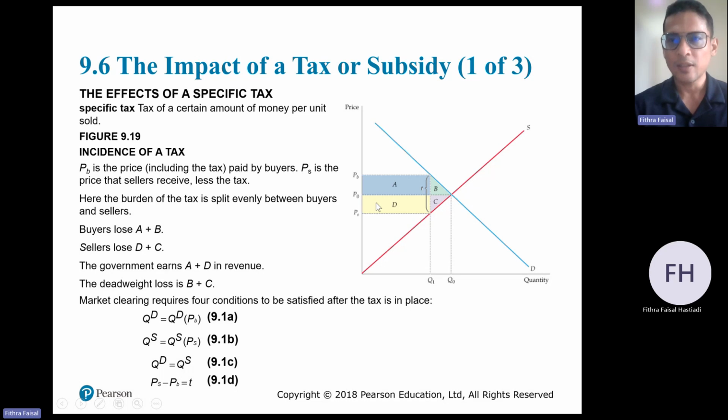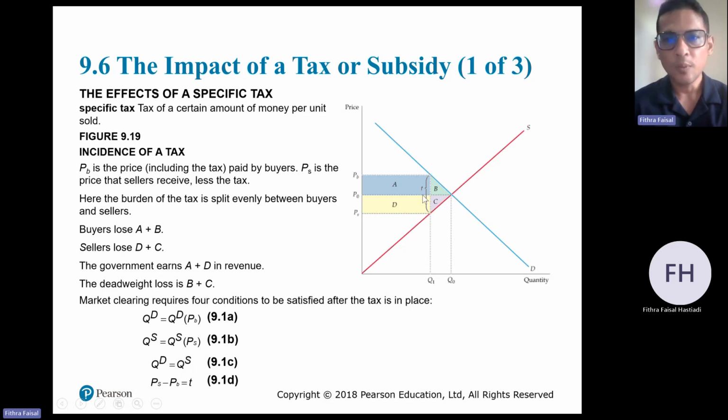So the tax is divided between the producers and the consumers. The consumers face a higher price, and the producers receive the price PS, but they also need to endure some part of the tax, the gap between P0 and PS.